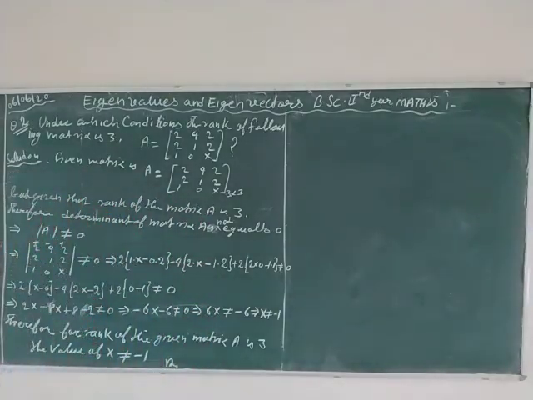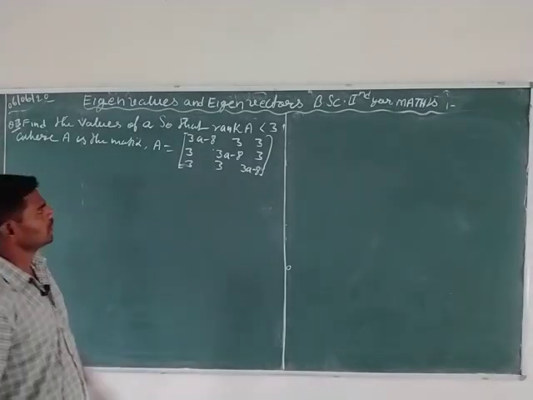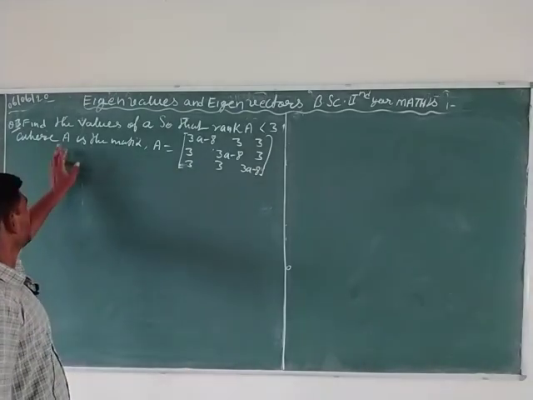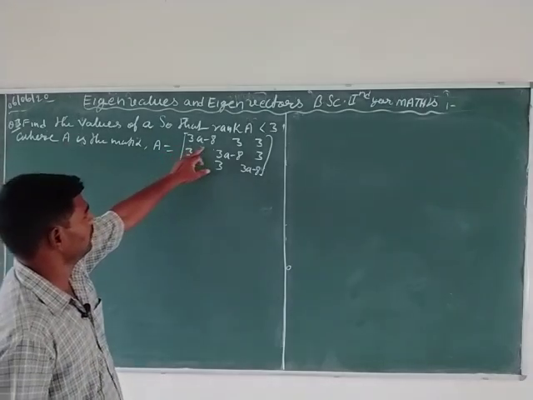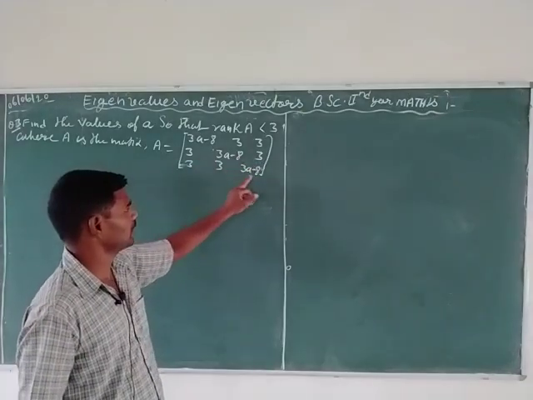Now take the next question. In the third question, find the value of small a so that the rank of matrix capital A is less than 3, where matrix A is 3a minus 8, 3, 3; 3, 3a minus 8, 3; 3, 3, 3a minus 8.